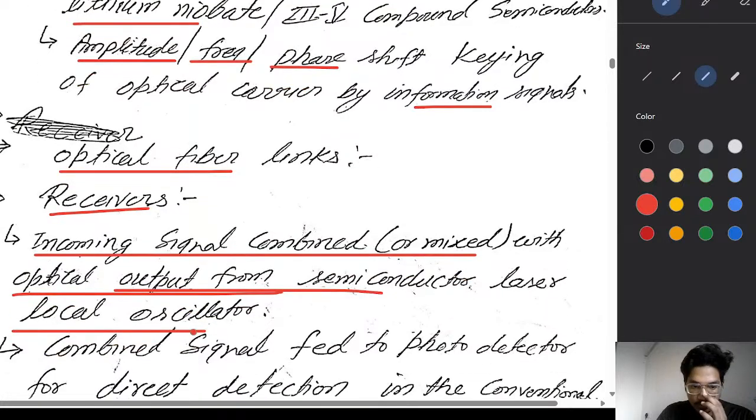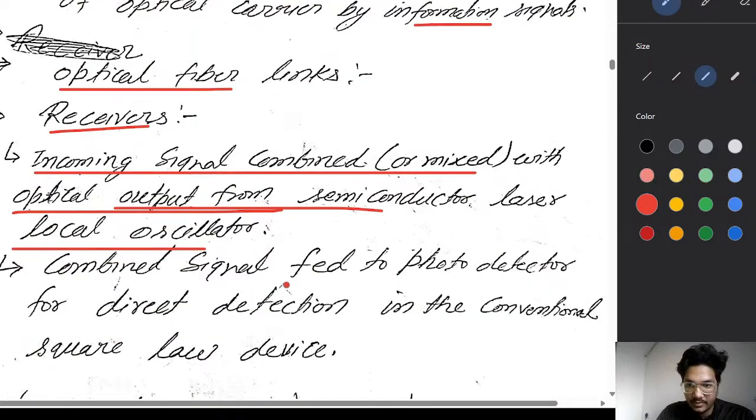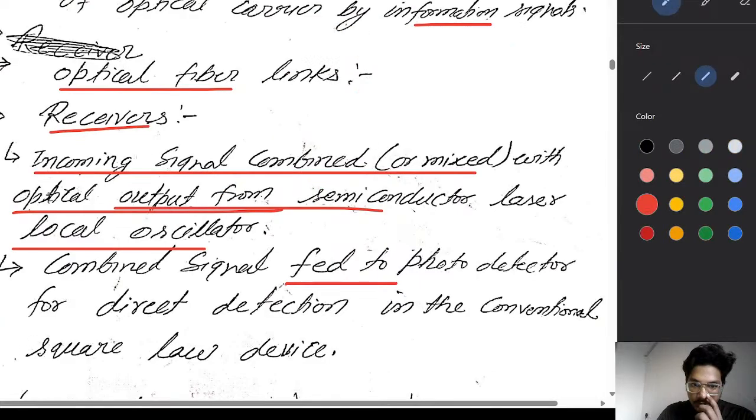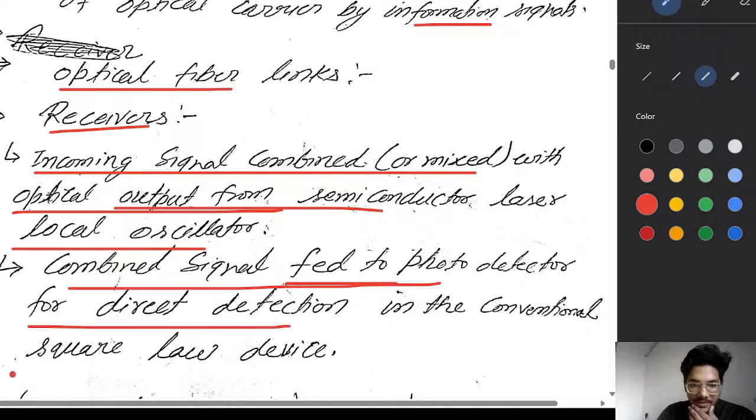The combined signal is fed to the photodetector. The detector responds to the optical field, for direct detection in the conventional square law device.